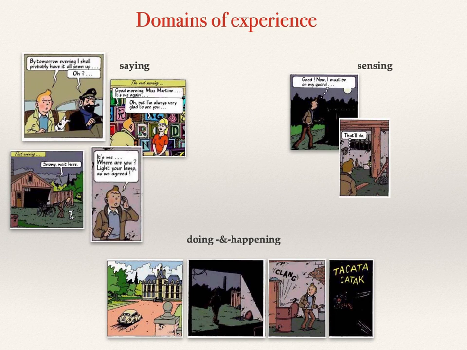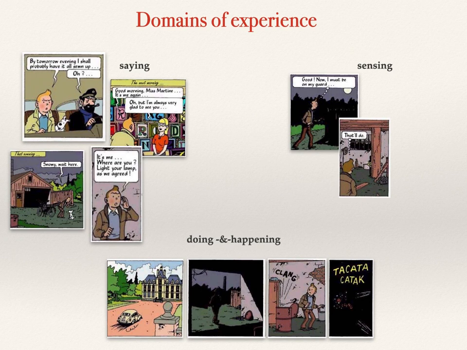There is a kind of first order of doing and happening experience that can be represented purely pictorially. So this experience, apart from expressions of different sounds like clang, can be drawn, can be painted, can be depicted without the help of language.